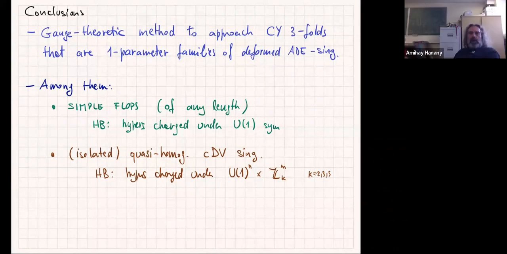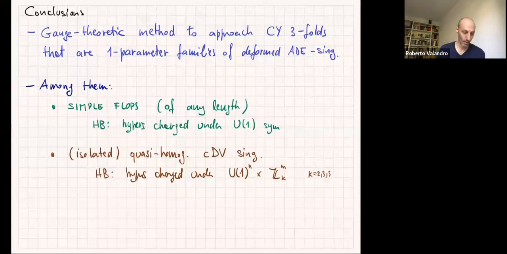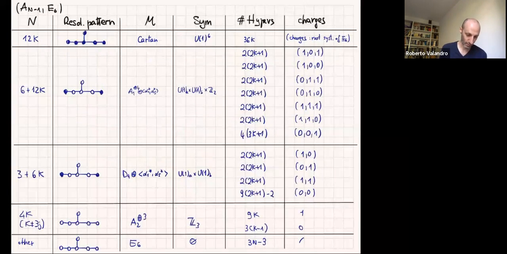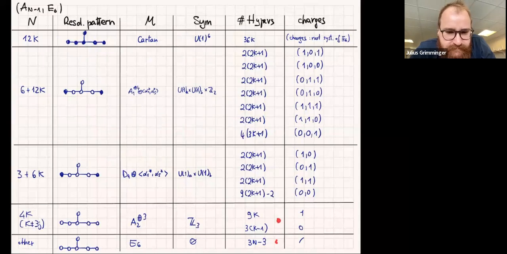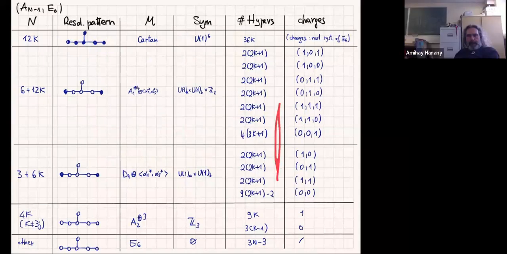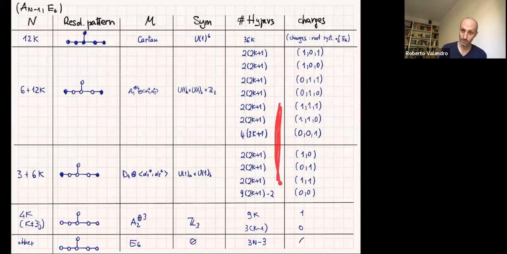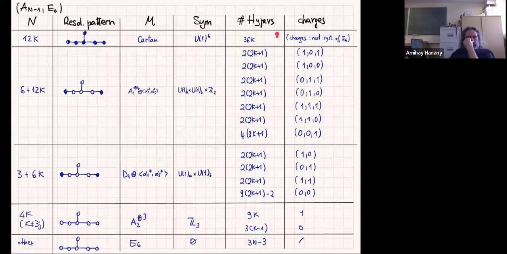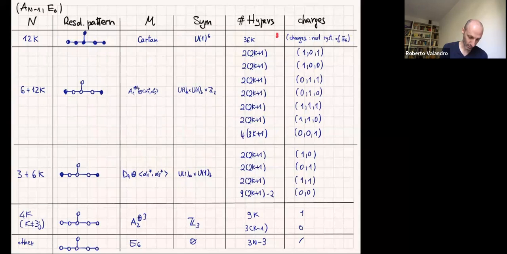What are the dimensions of Higgs branches that you could get? Okay, the dimension of Higgs branches, here you have 3n minus 3. For these two cases, you have 3n minus 3. For these two cases, you have 3n minus 2. And for these cases, sorry, here you have 3n.